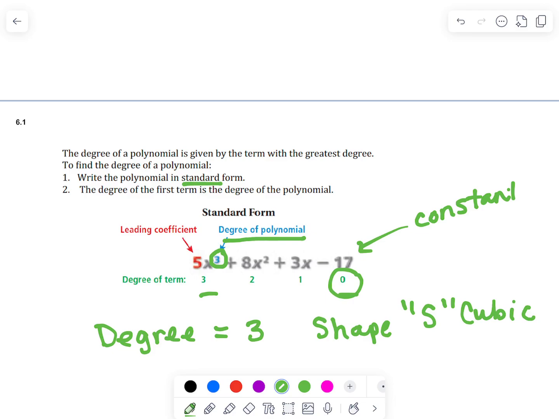Up until this unit, we've been working a lot with linear functions, degree of 1, quadratic functions, degree of 2. So we're going to be moving into higher order polynomials that have degree of 3 or higher. The second thing we want to identify is the leading coefficient. It's the coefficient, the number in front of that x cubed. So the leading coefficient is 5.